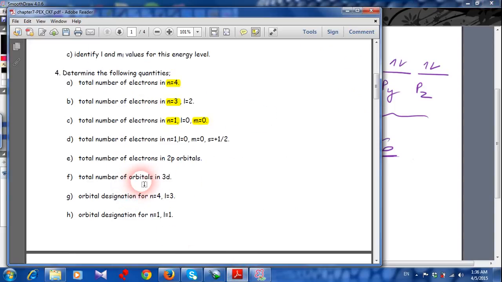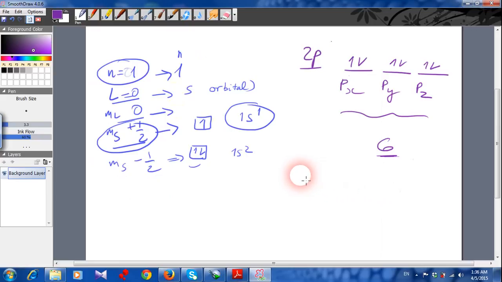The total number of orbitals in 3d. 3d has 5 orbitals: 1, 2, 3, 4, 5.